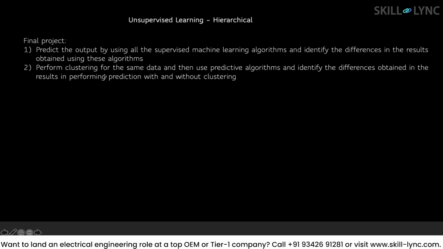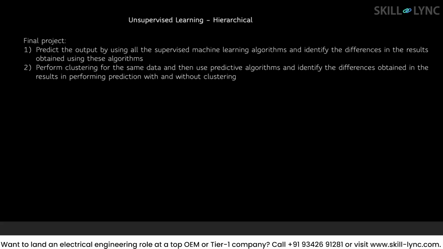So first you have to perform clustering, and then you have to come up with your new feature, which is your cluster number, right? Remember cluster number 0, 1, 2, 3, what we did yesterday in k-means. So that would be your output. Let's assume that would be your output feature, that is, which cluster the data point belongs to. And then try to understand the differences between these clusters.